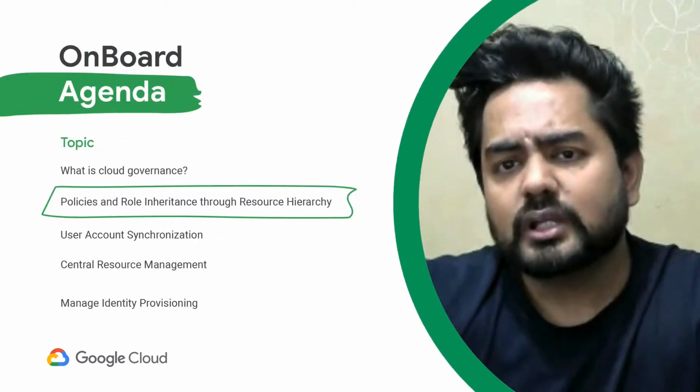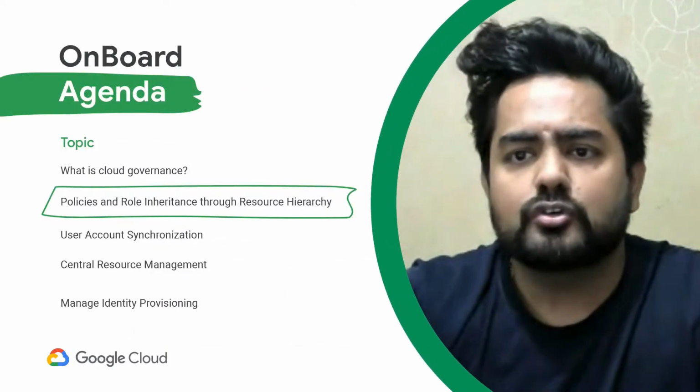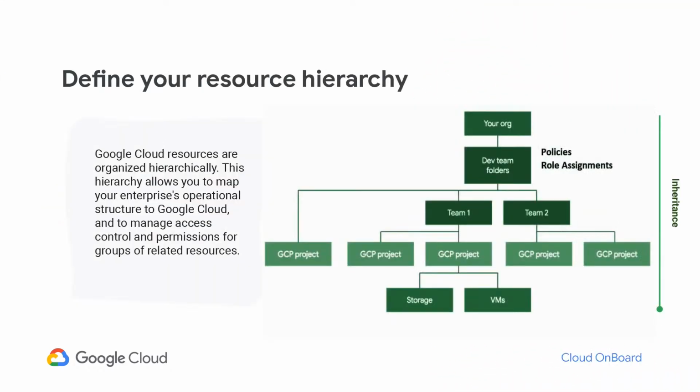So once you understand the governance, now let's talk about the policies and roles. The top level node of the hierarchy is the organization resource, which represents the organization, for example, a company. The organization resource provides visibility and control over all of the resources further down the hierarchy, where we have the folders.